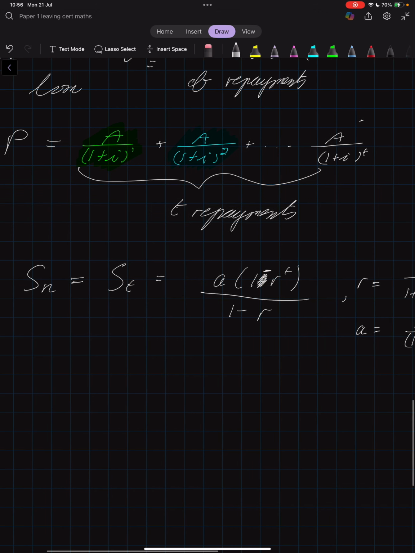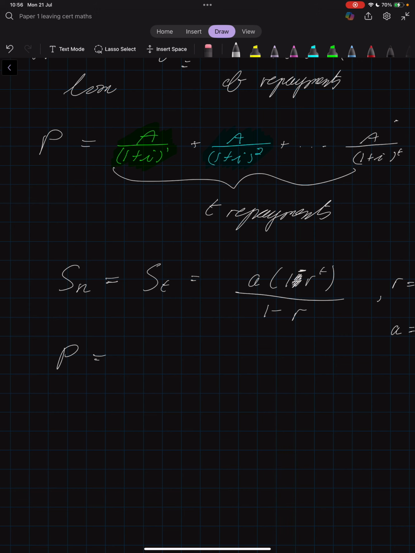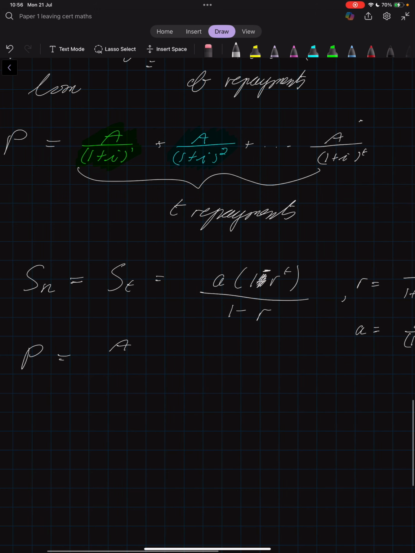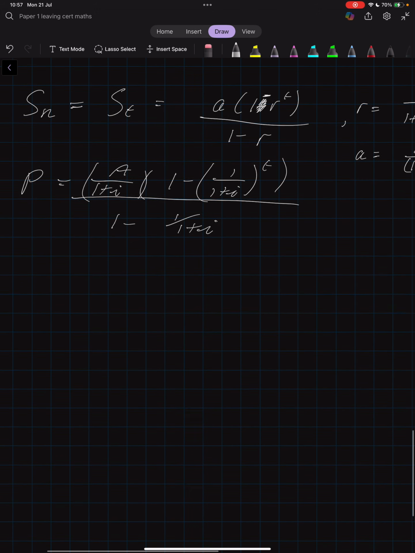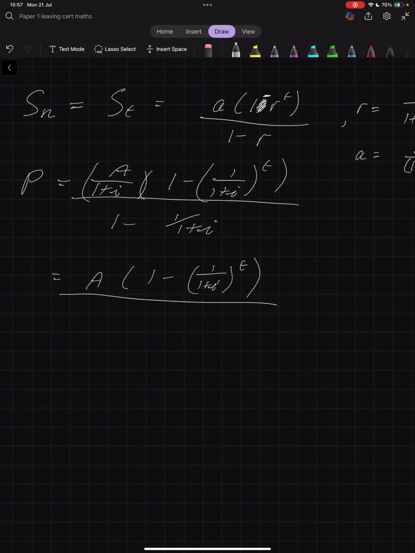Okay? So now, if I just plug those in, P is equal to A over 1 plus I, into 1 minus 1 over 1 plus I to the power of t, all over 1 minus 1 over 1 plus I. Let's multiply the top and the bottom by 1 plus I. That gives me A into 1 minus 1 over 1 plus I to the power of t, all over 1 plus I minus 1.